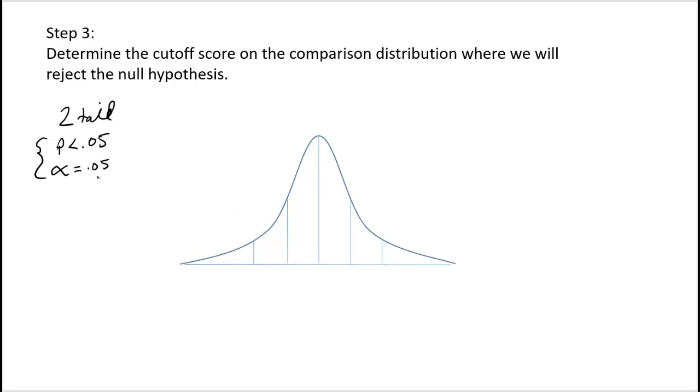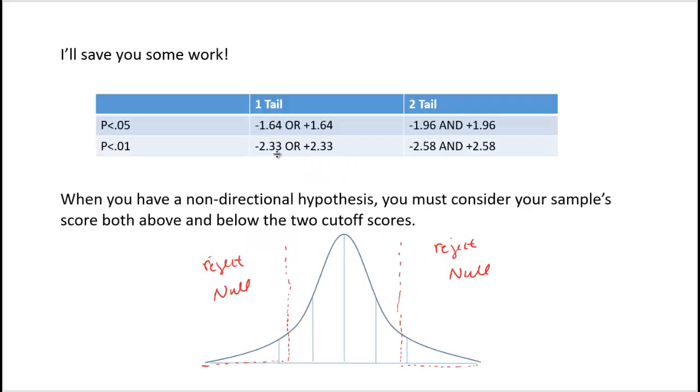Well, what we can do is we can refer to our chart that tells us what kind of z-scores we're using to cut off our significance. So what that means is that we look for the row that says probability is less than 0.05, and this is a two-tailed test. So we are looking at rejecting our null hypothesis if the sample score falls outside of -1.96 and positive 1.96 standard deviations.